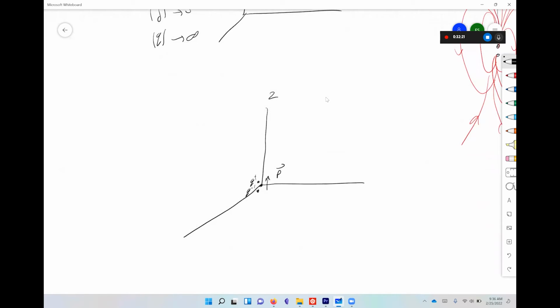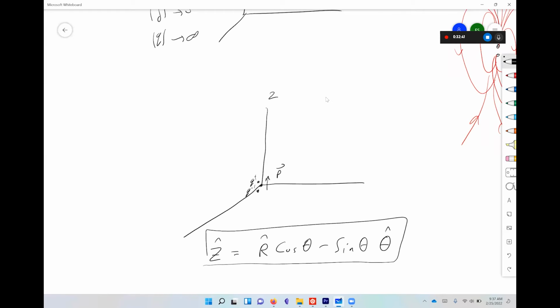In spherical coordinates, we know that z hat equals r hat cosine theta minus theta hat sine theta. So we know this transformation. P is just some magnitude times z hat. It's pointing along the z-axis. So the dipole moment has a magnitude, and its direction is z hat.